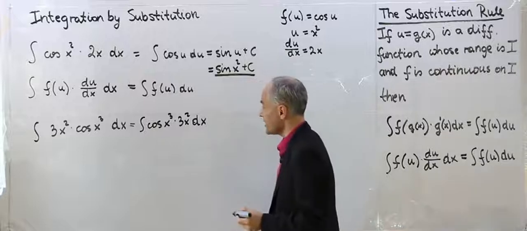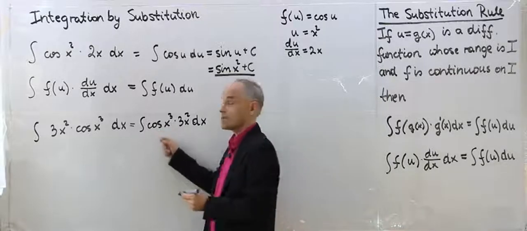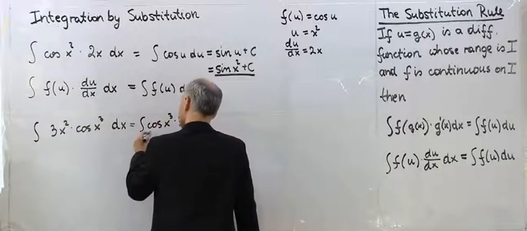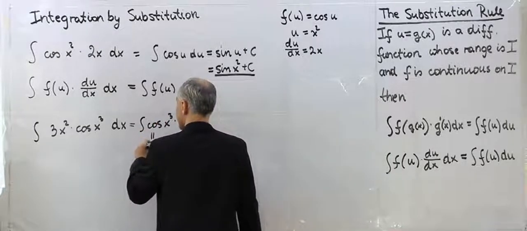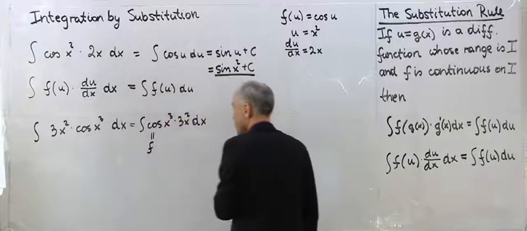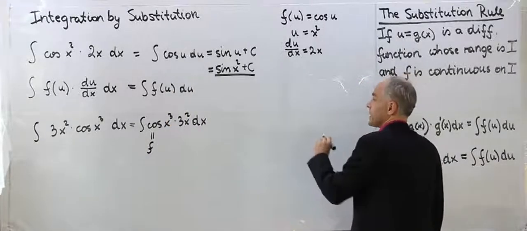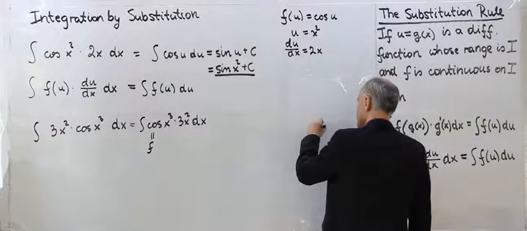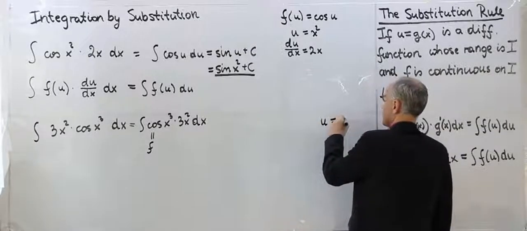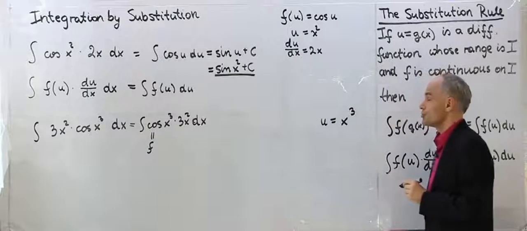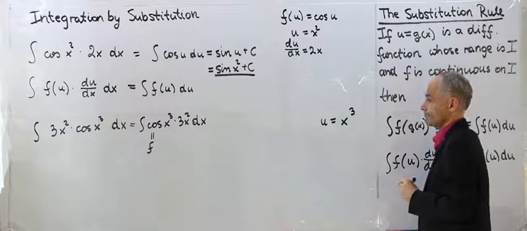And then it's clear that the composite function is f of x to the third power, so cosine is f, and then u would be x cubed, and let's see if that substitution will work. So our first guess would be that I need to let u be x cubed.